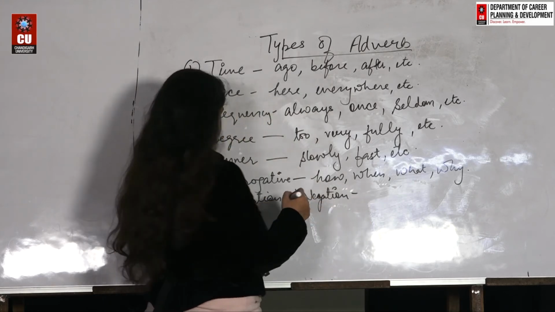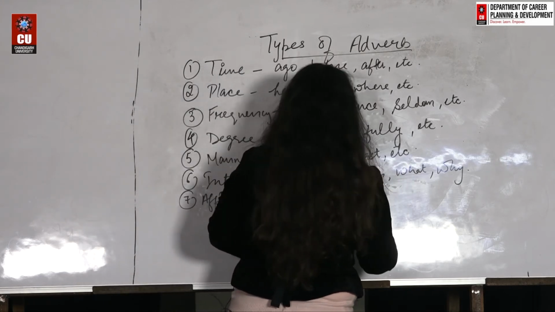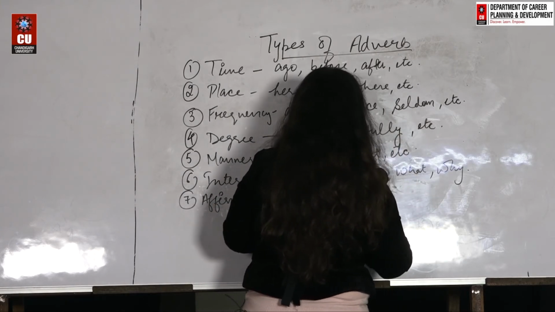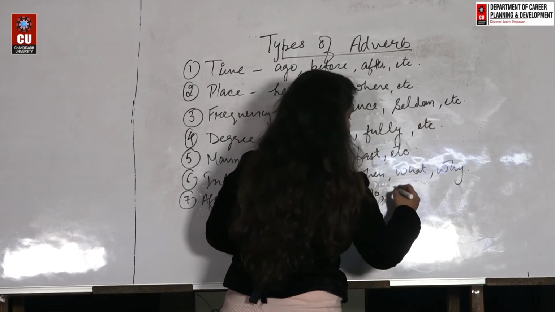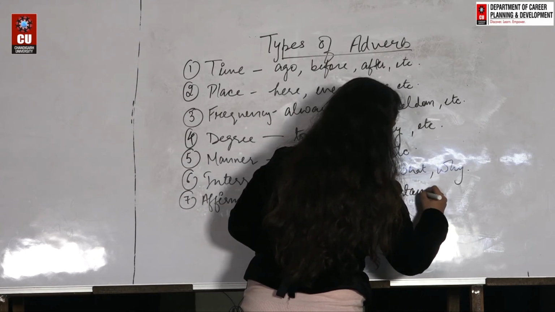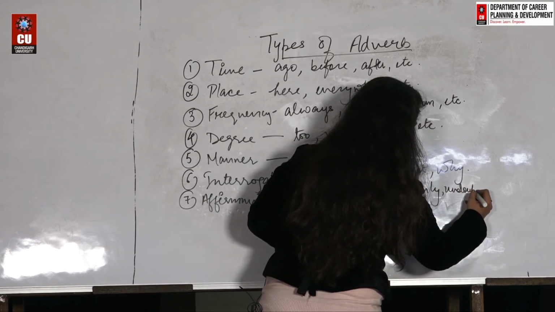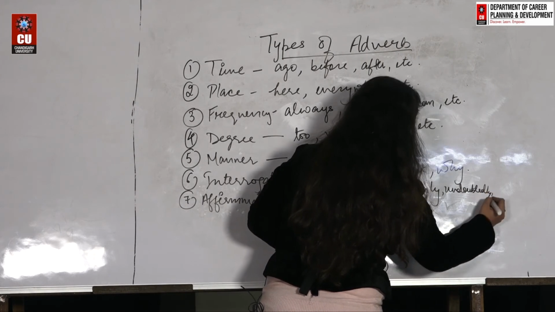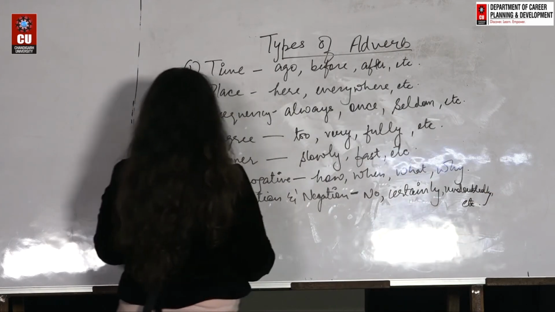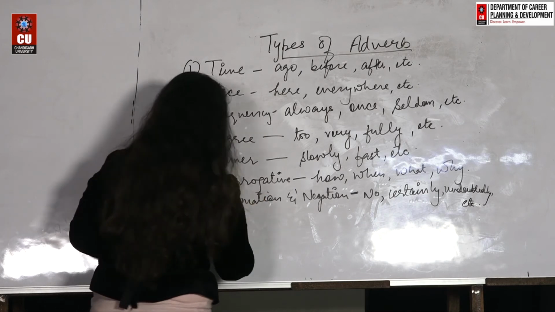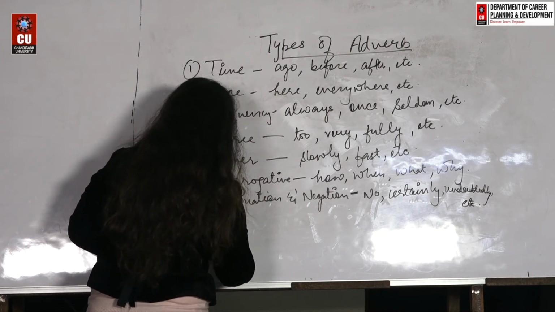In this, no, certainly, undoubtedly, etc. So the last type of adverb is relative adverbs.